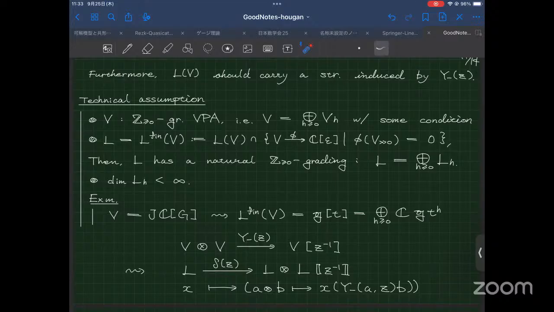So in order to capture the induced structure, we impose some technical assumptions as follows. Indeed, this assumption is not strong. The jet of the coordinate ring of finite dimensional Lie groups and its associated Lie algebra satisfy the assumptions.